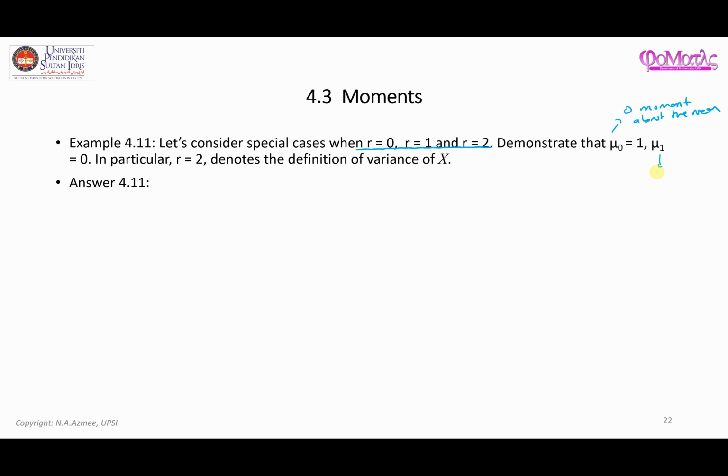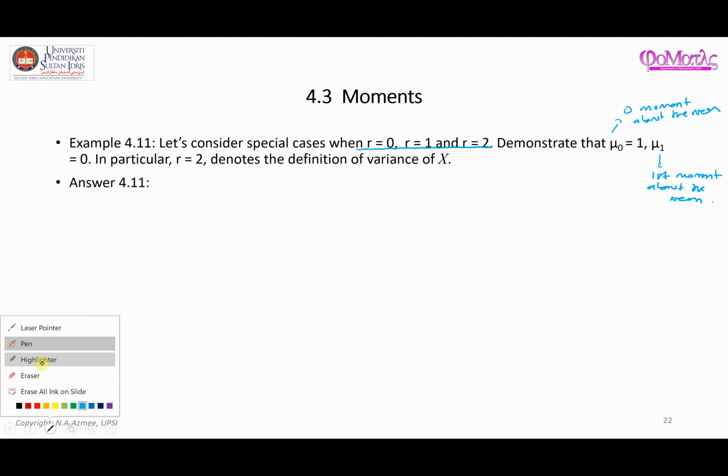Now this one is the first moment, also about the mean, and the result is 0. And this is just for your information: in particular, when you have r is 2, this becomes the definition of the variance of x. Okay, so that is the variance of x.